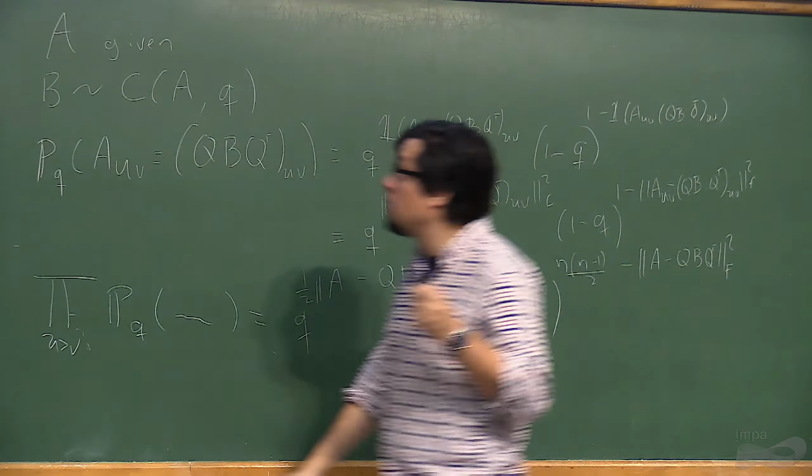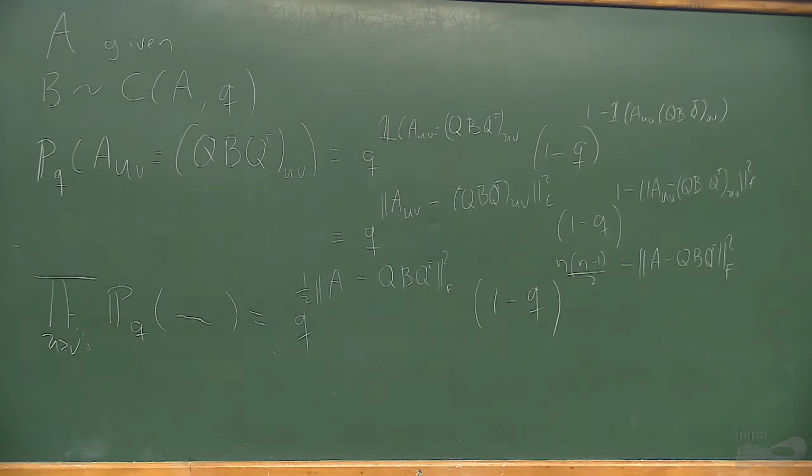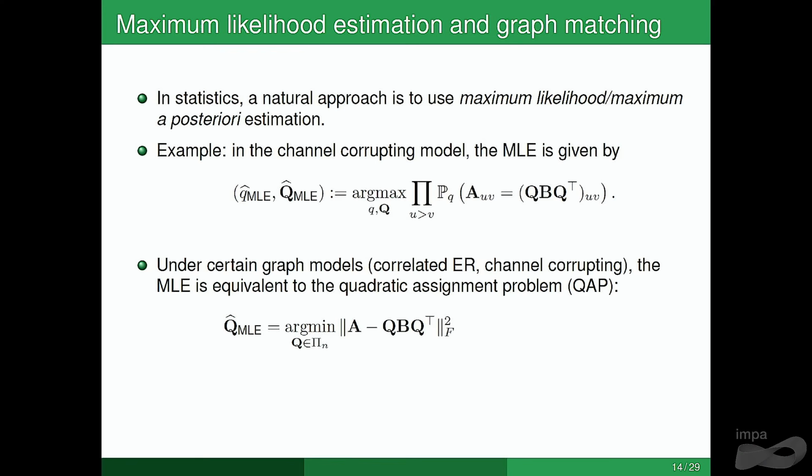The point that I want to make is that when we do this, it's clearer to see that the likelihood function essentially only depends on this Frobenius norm difference, A minus Q B Q transpose, which is measuring the number of differences of edges between A and some permuted version of B, right?